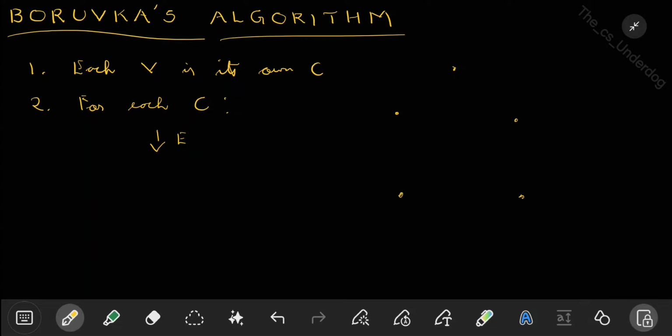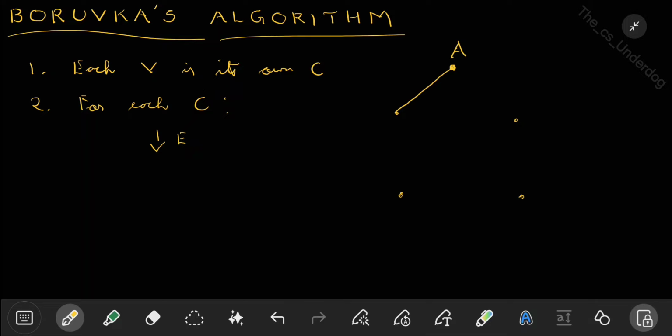So each vertex is its own component. What do you do for each component? Let us say this vertex is the component under consideration right now. You will try to find which is the smallest weighted edge that is going out of this vertex. Let us say this is the smallest weighted edge that is going out of this vertex A.